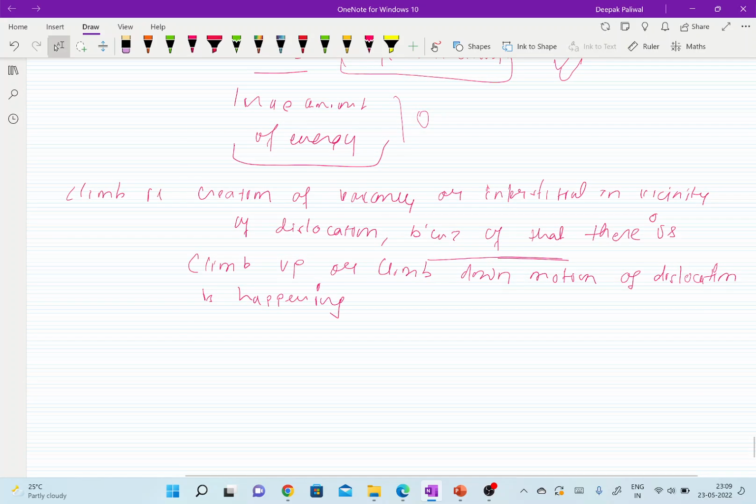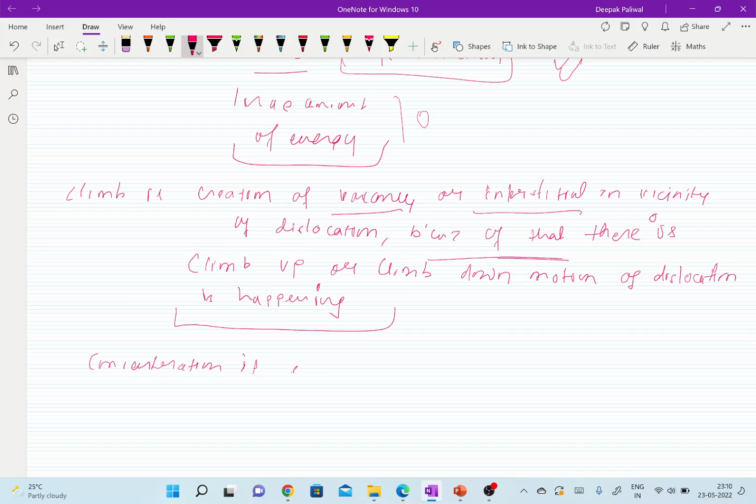So one thing to note: the vacancy and interstitial atom, that means the concentration is changing because of the vacancy and the interstitial.